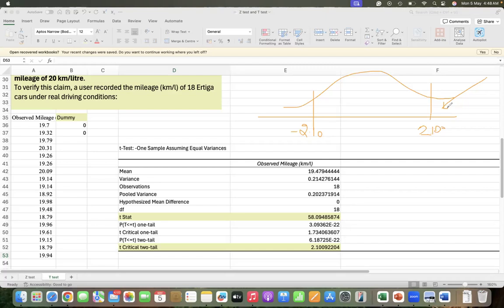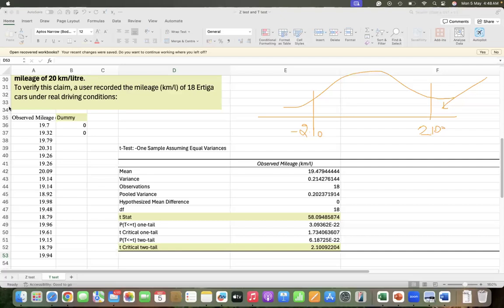And when we reject the null hypothesis, we say the claim of the alternative hypothesis is true, that the mileage of the Ertiga car is actually not 20, it is way beyond. It is different from 20 kilometers, since our results support this.